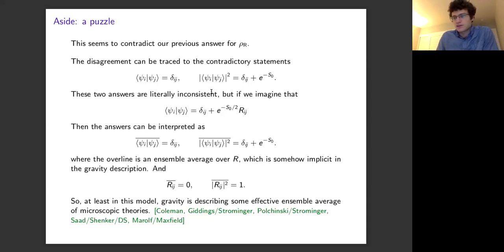Some kind of contributions from branes or fuzzballs or something has to compete with the wormholes and restore mathematical consistency to these equations. So that's a fantasy for how it would work in a complete theory of gravity.